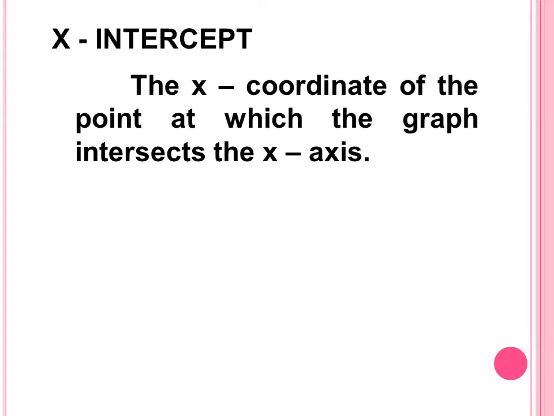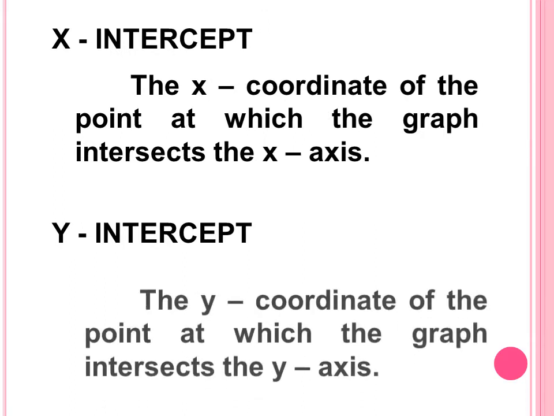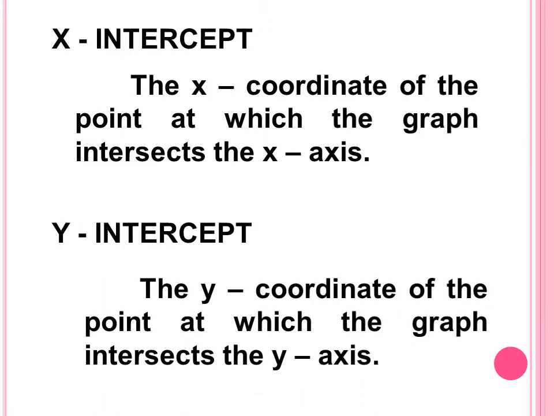Ito yung point of intersection ng x-axis at ng line or equation. Y-intercept. The y-intercept is the y-coordinate of the point at which the graph intersects the y-axis. Ito naman yung point of intersection ng y-axis at ng line or graph. So, paano ba natin kunin si x at y-intercept?